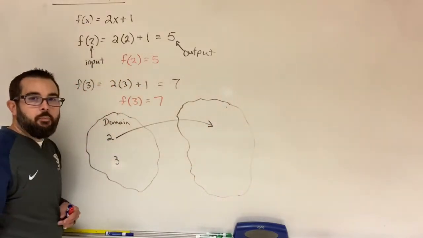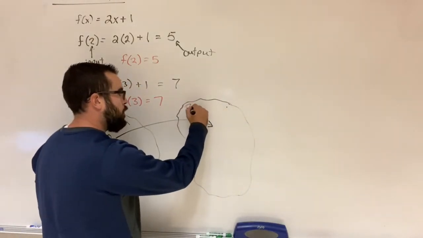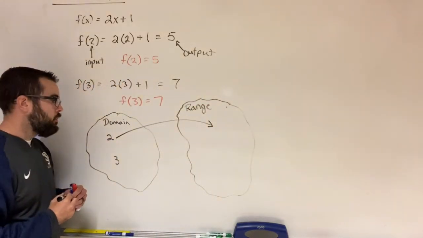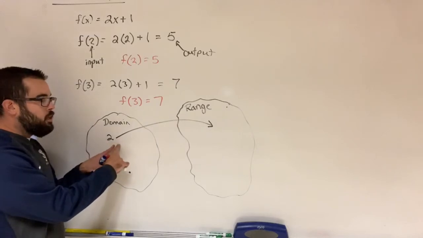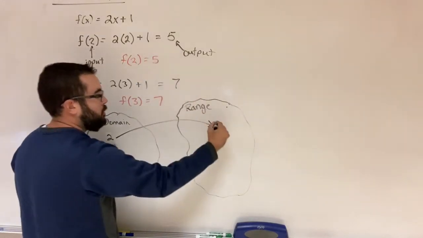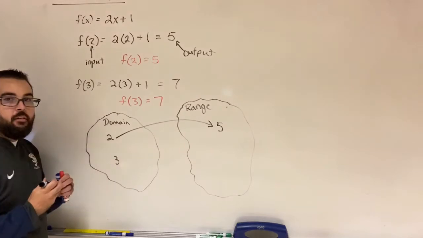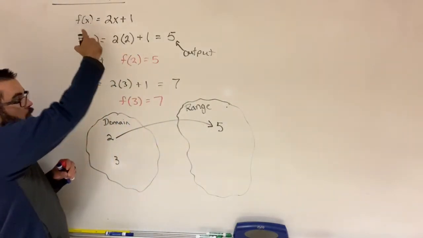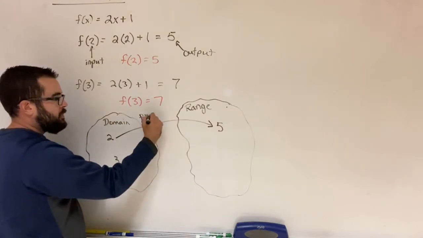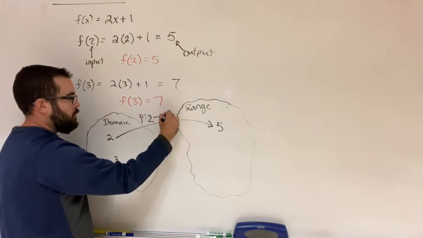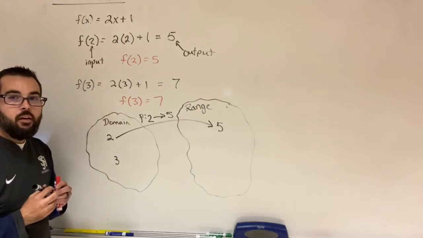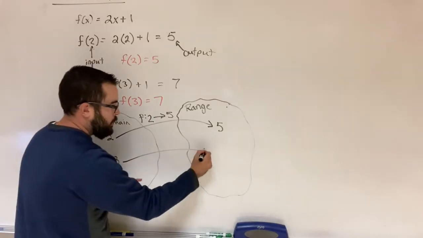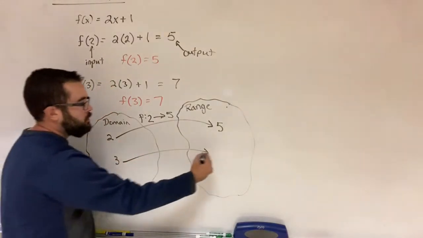Then what does this blob represent? This blob represents the range, the set of all outputs of a function. So we take a 2 and it gets mapped to 5. What does that mapping? Our function that we called f. So f takes a 2 and turns it into a 5. In the same way, f takes 3 and maps it to a 7.